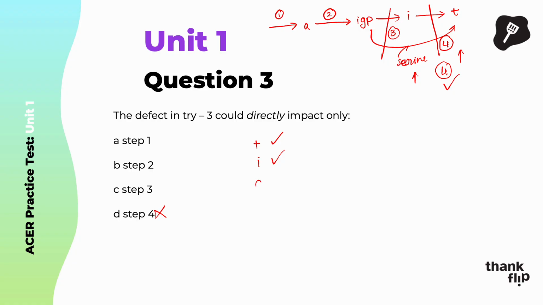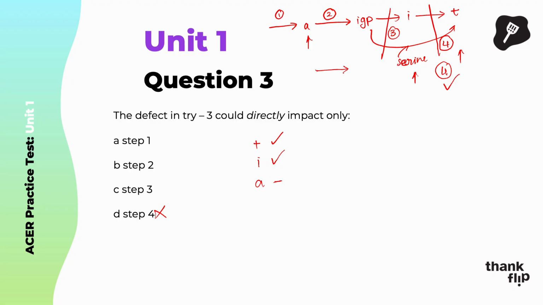Then we have A. It cannot grow when supplemented with just A. So this is when it's only supplemented with anthralic acid, it doesn't grow. Okay? And so that means the mutation is impacting a step that's downstream from A, because something is unable to either convert it to IgP or convert IgP to I, which is causing a buildup in this metabolic pathway and blocking the pathway from fully reaching the end, right?